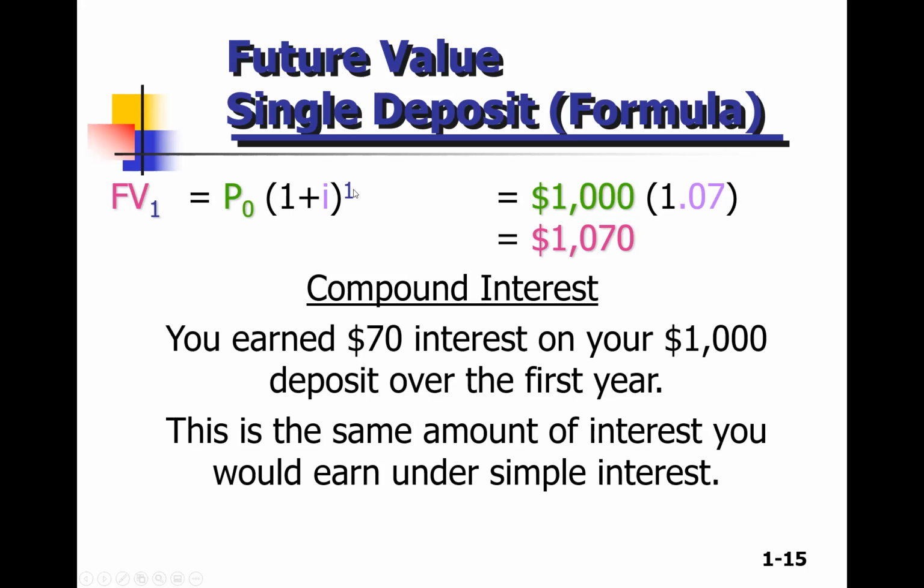N is the number of time periods. So if we find the future value for one time period, it would be PV, present value, times 1 plus I raised to the power 1. So here is the answer, 1070. So you earn 70 interest in 1 year.